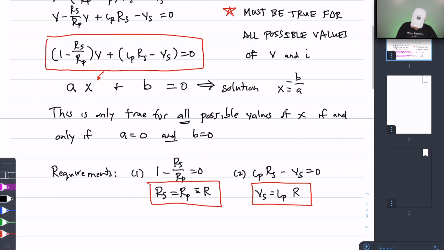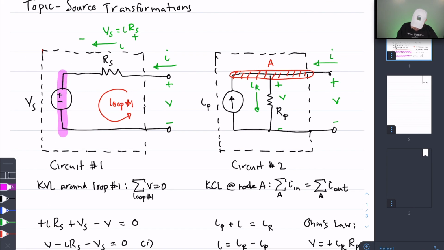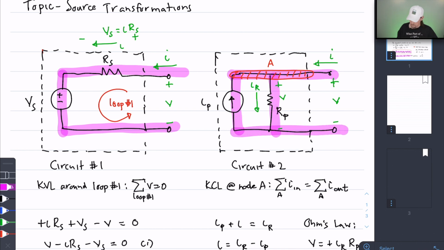But if these two things are true, then anytime I happen to see a voltage source that happens to be in series with a resistor, I can replace it with a current source that happens to be in parallel with a resistor like this. These two circuits are absolutely equivalent, so anytime I see one, I can replace it with the other, and I can do that to simplify my circuits.